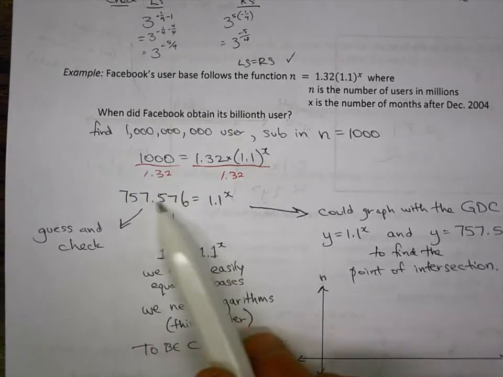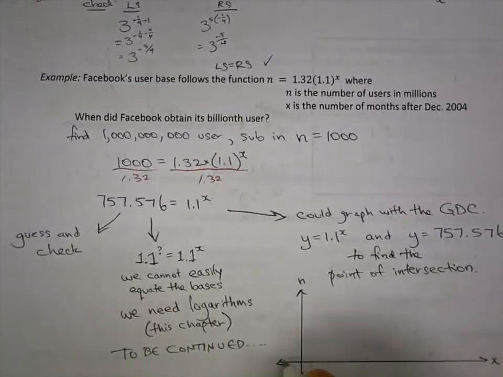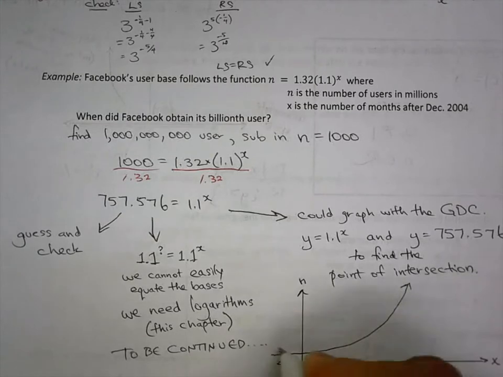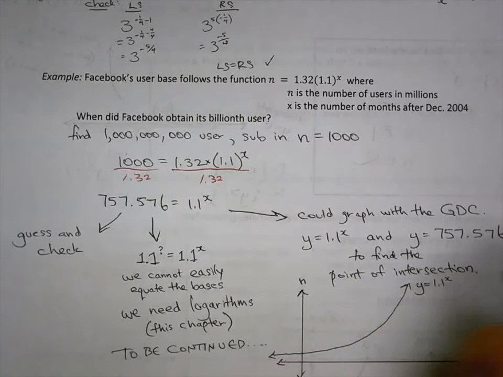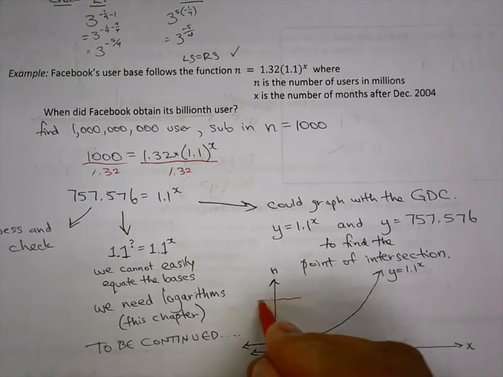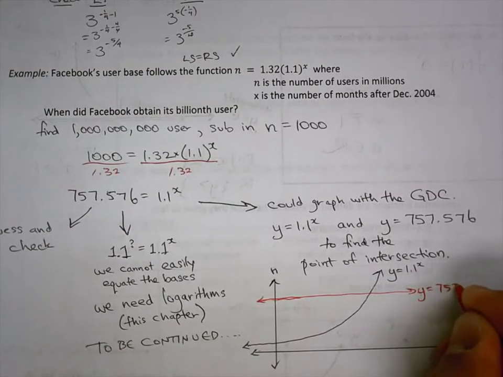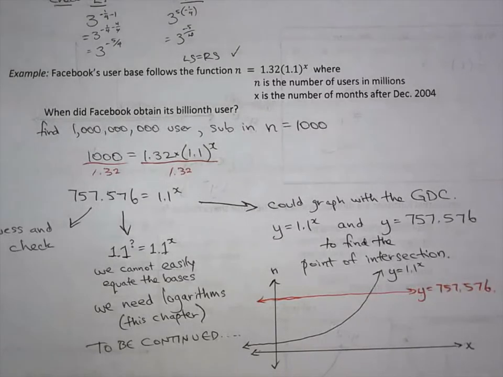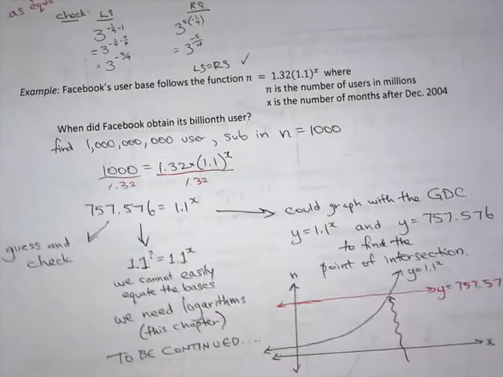You graph this and find where they're equal. 1.1 to the power of x is some sort of exponential growth, so it's going to look something like this. And y equals 757 is just going to be some sort of horizontal line up here. I don't know where. Y equals 757.576. So we want to find out what this is. I can do that with my GDC.